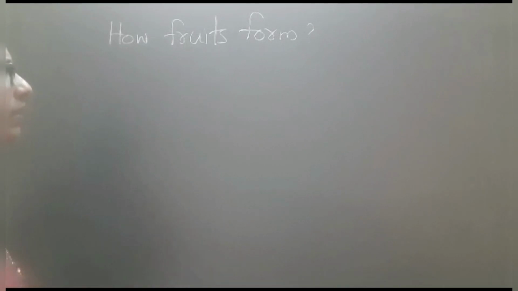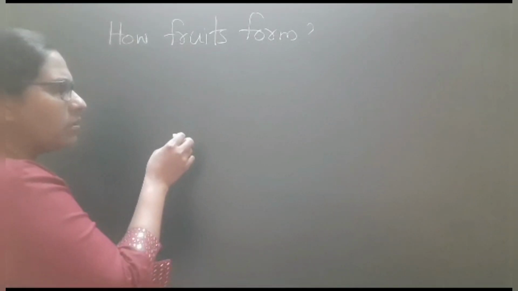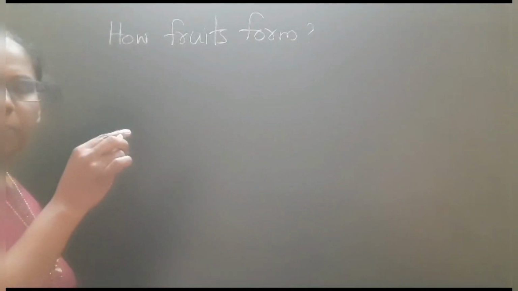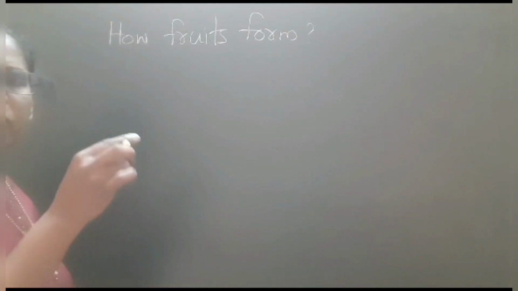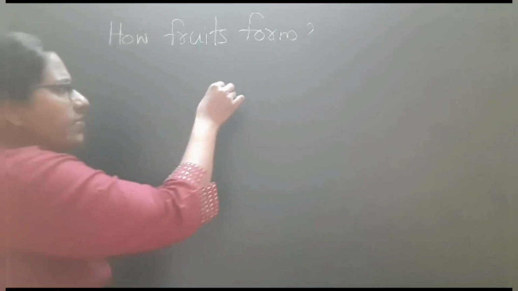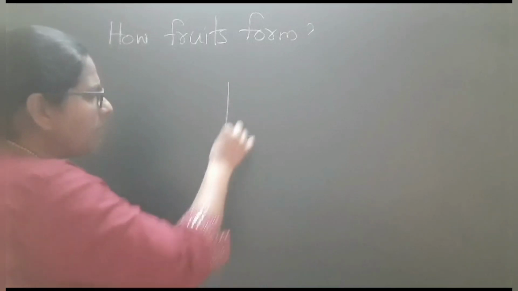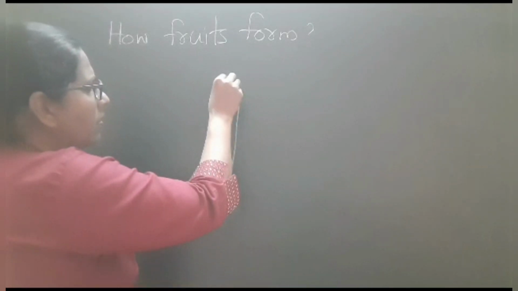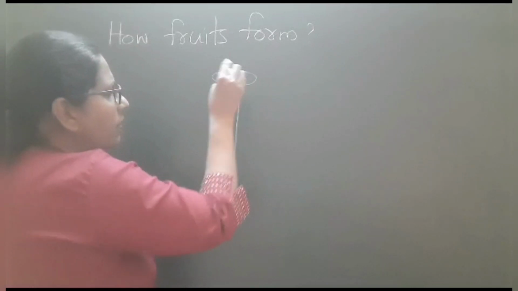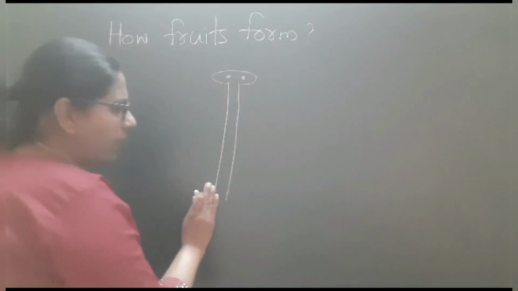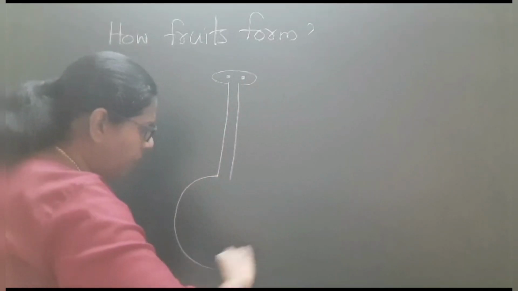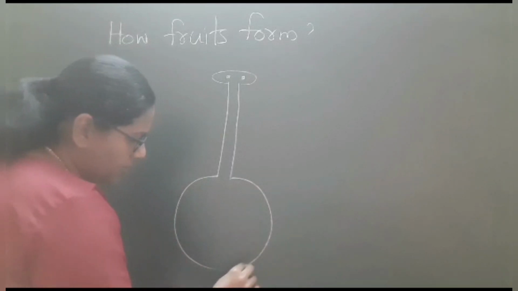We studied that the pollen grains transfer from the anther to the stigma. That is called pollination. Once pollen grains reach the stigma, the formation of seeds starts.